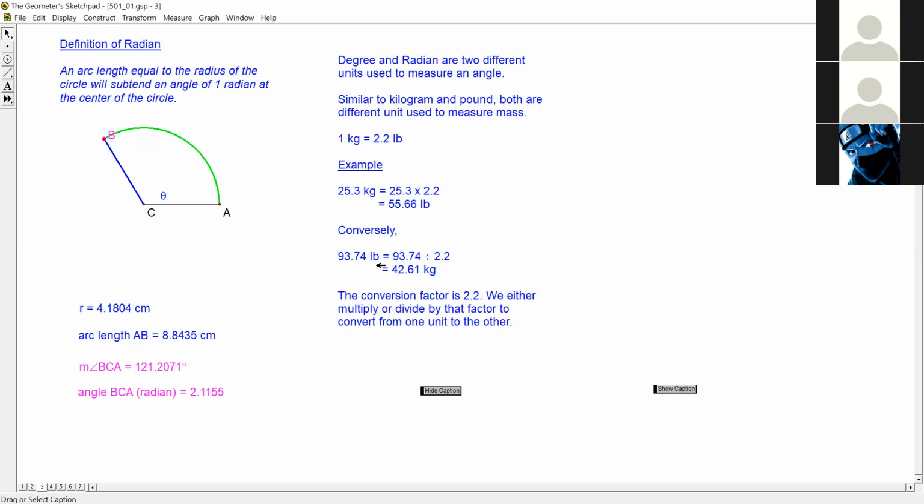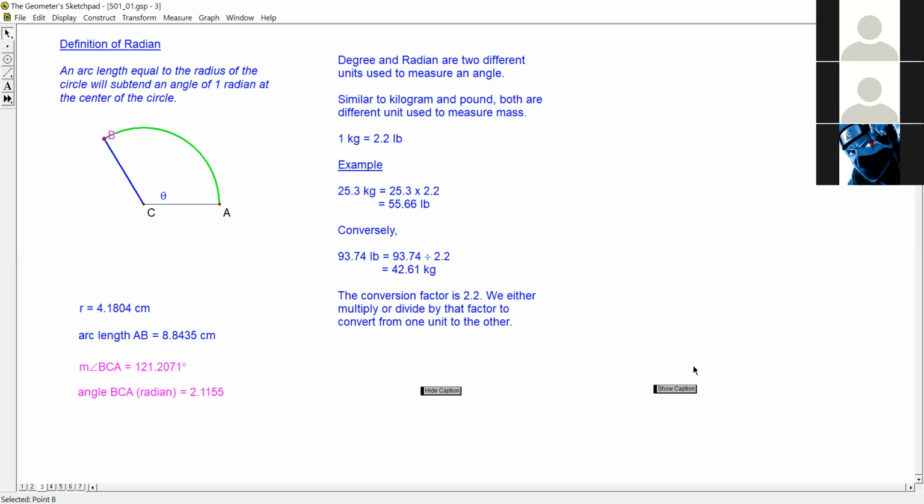I want to know how many kilograms it is, so I divide this number by 2.2, and I know this little boy is 42.61 kilogram. So if we have 2 different units measuring the same quantity, we can convert one to another by multiplying with 2.2 or dividing by 2.2. This is how we convert from kilogram to pound, pound to kilogram.